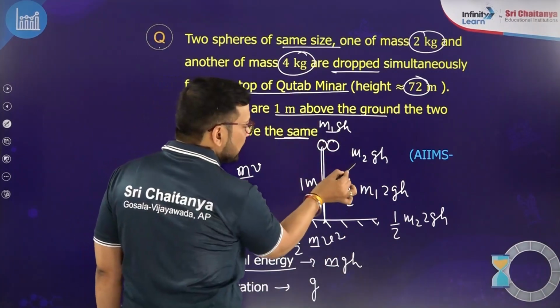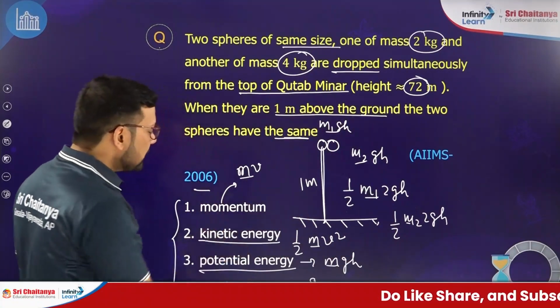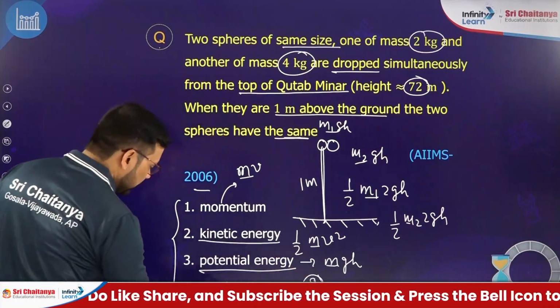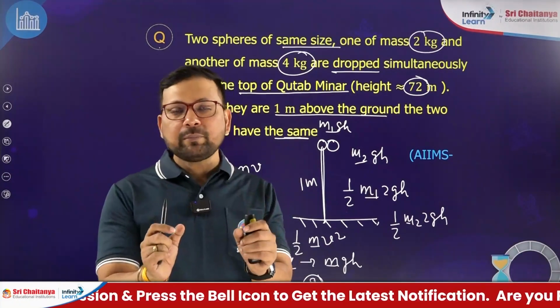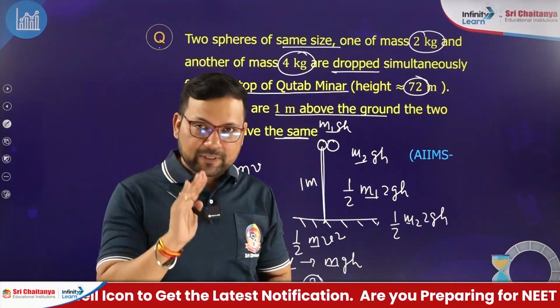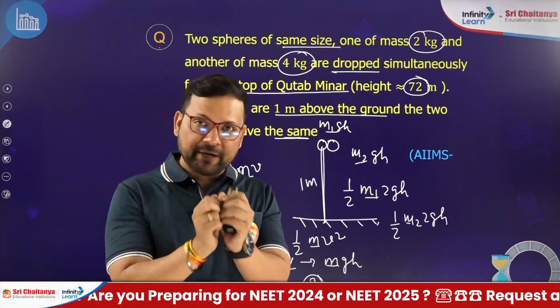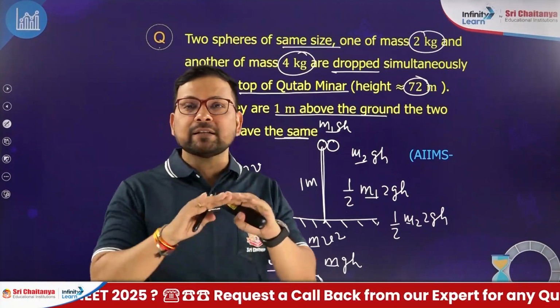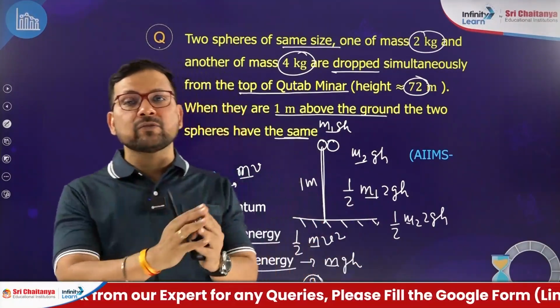So these quantities are depending on mass, masses are different, so quantities are different, but quantity which is not depending on mass is g, that will have the same value. This question is based on a very simple concept: the acceleration due to gravity is independent of mass. It is not depending on how heavy or how light something is. It has a constant value, uniformly accelerated motion near the surface of Earth.